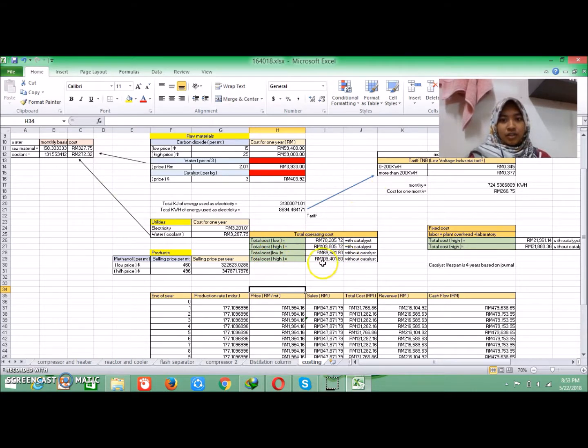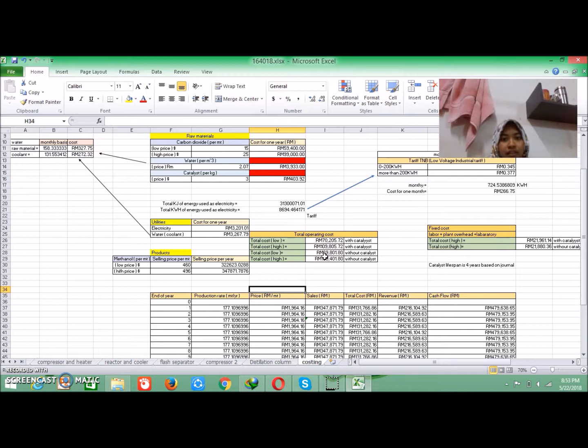And then our total operating cost with catalyst is 70,205, and total cost with catalyst high is 109,805, and this is the total operating cost.